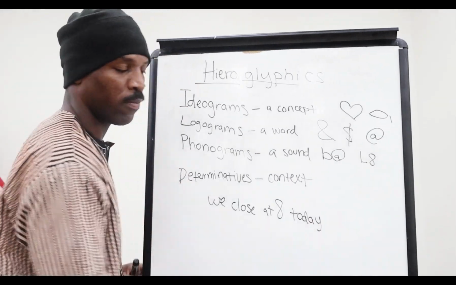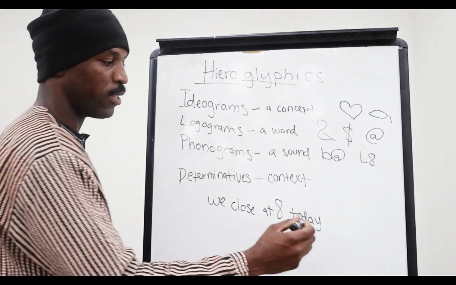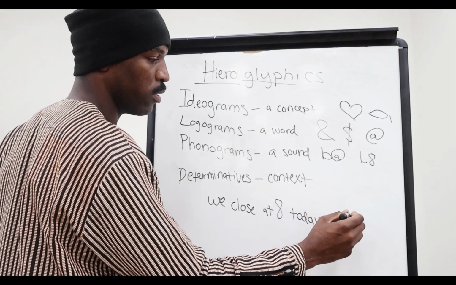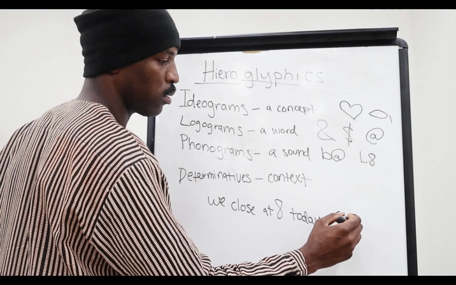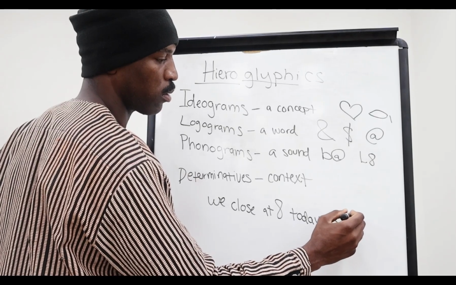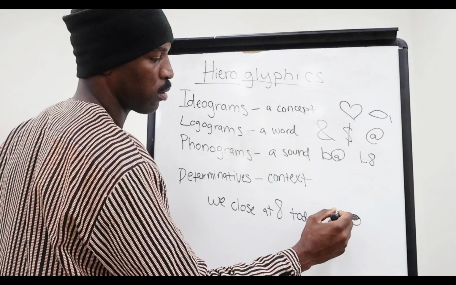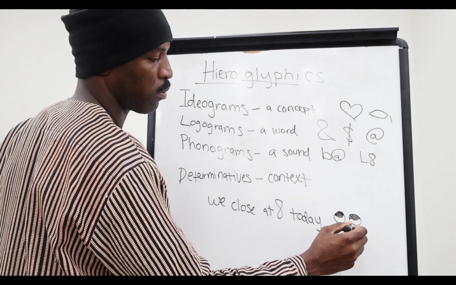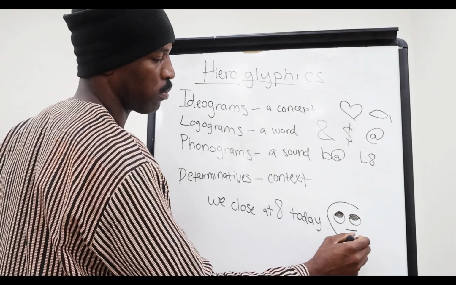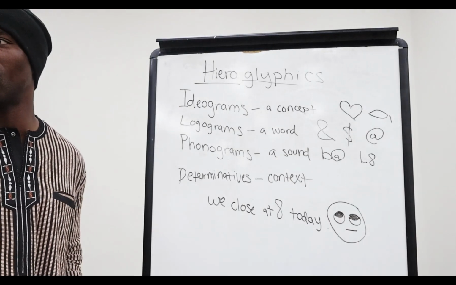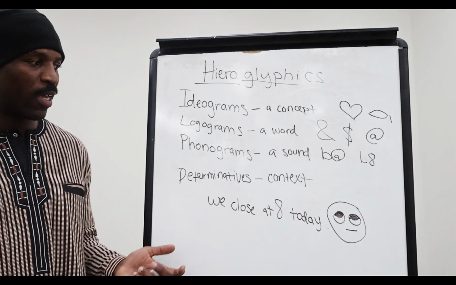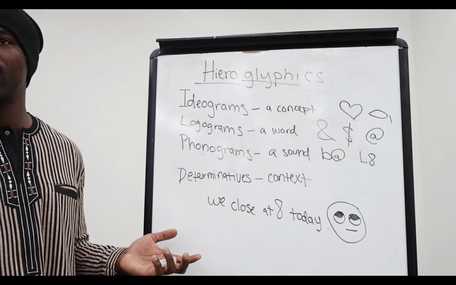But I can also say the same sentence, we close at 8 today, and give you this one. You know, the rolling eyes symbol, right? That kind of changes the meaning of it.